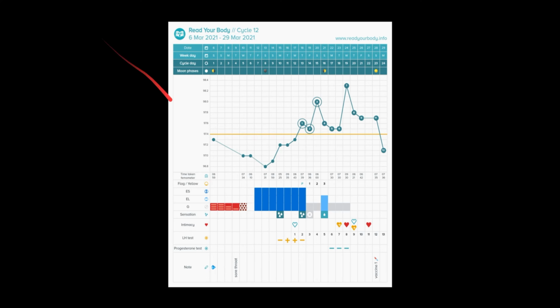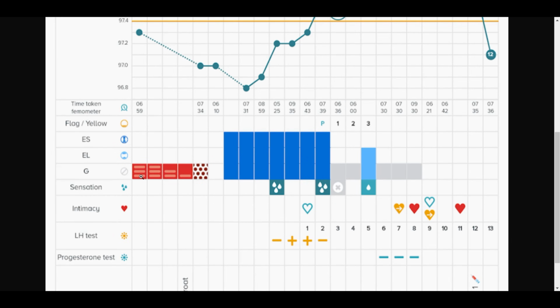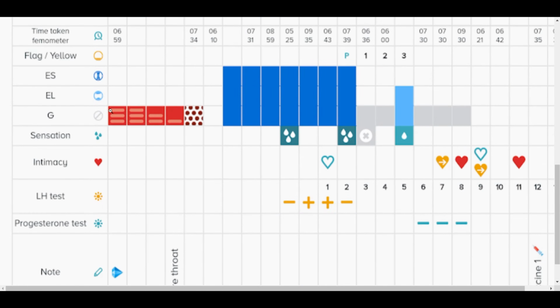Now next, we're looking at this section right here, and these different colored bars and squares are basically just the different types of either bleeding or cervical mucus that we see throughout the cycle. For our bleed, we see that here with these red little squares, and within the squares are these little bars.